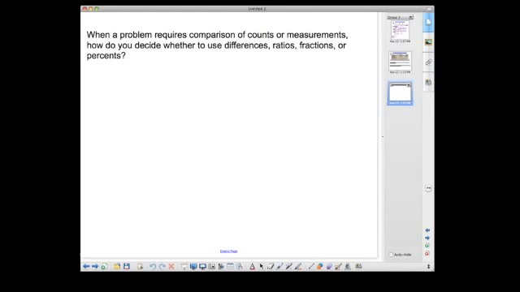A fraction, a proportion, just a simple ratio, anything that's common to the average person's mathematical knowledge, right? You're not going to be looking to create a grandiose ratio.